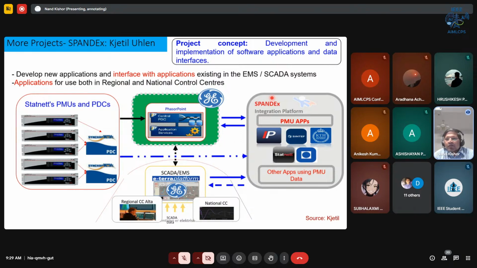We developed the tools out of this project. High resolution signals and low resolution signals were integrated, and we developed some apps for the monitoring here.